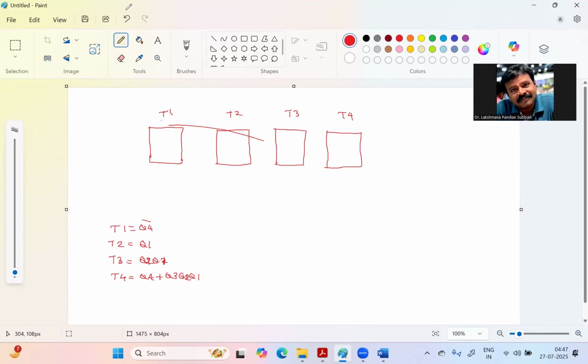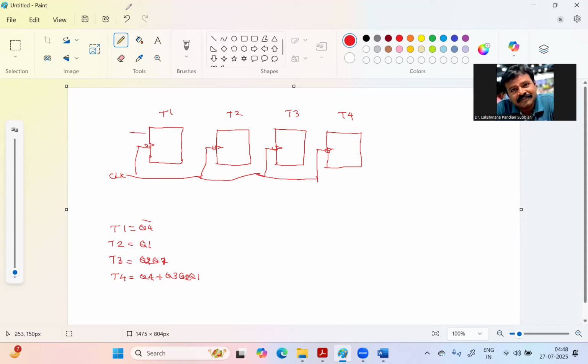Now T1 is connected with, so here, this is a clock. With clock.